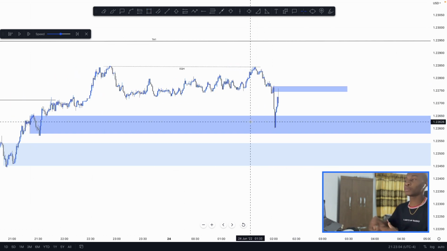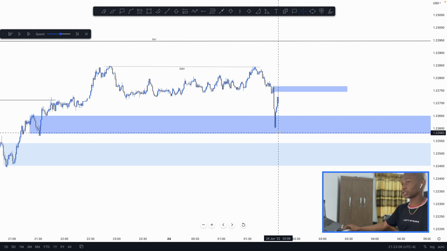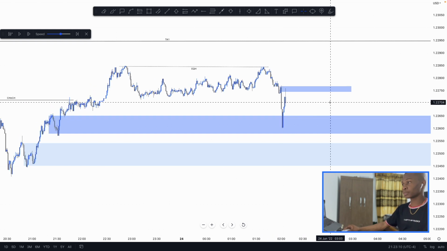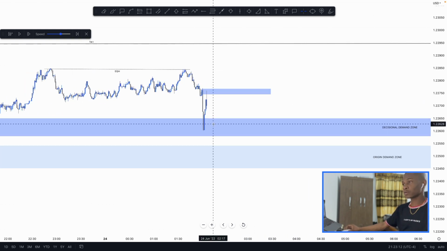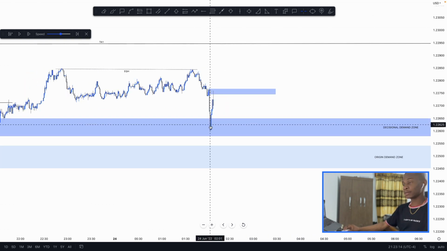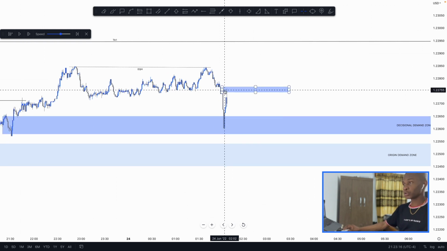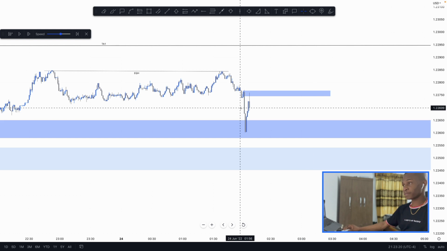In another video, I'll explain this entry criteria. But we're inside our POI, our demand zone right here, and the market pushed inside, rejected, and pushed back up into the supply zone. This is the supply zone which was responsible for this push.